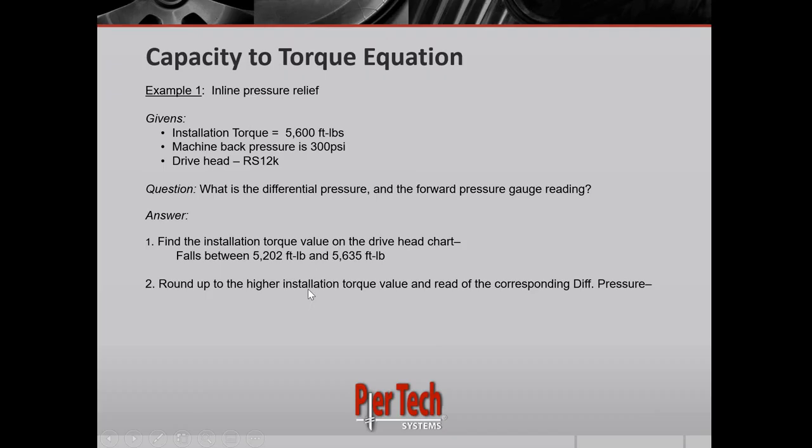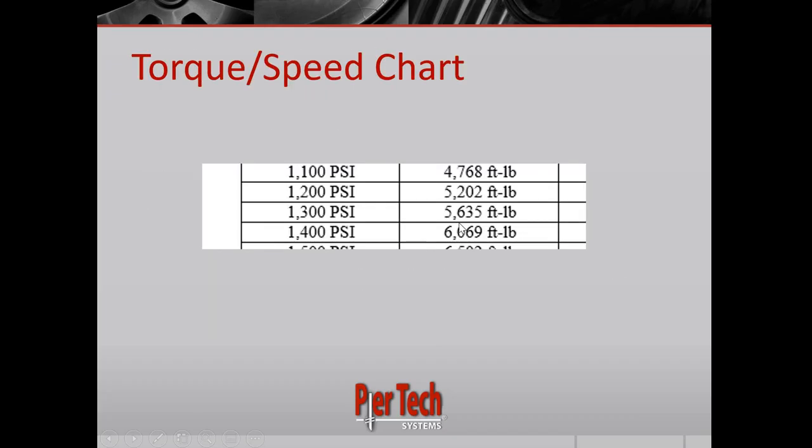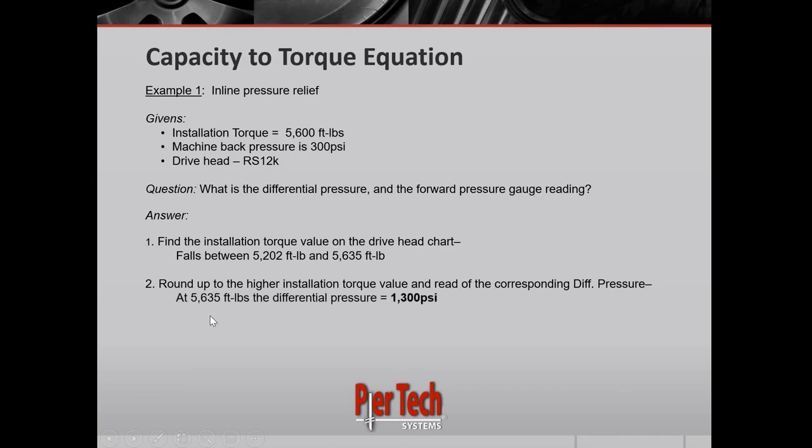You want to round up to the higher of those two values, the 5,635, and read off the corresponding pressure, which is 1,300 psi. So at 5,635, the differential pressure requirement is 1,300 psi.